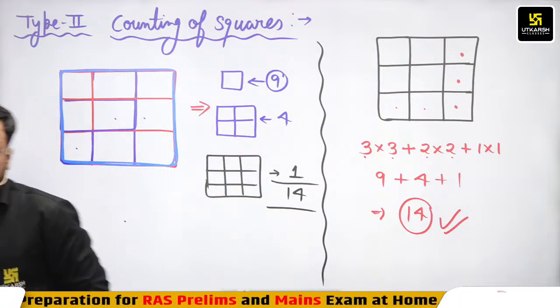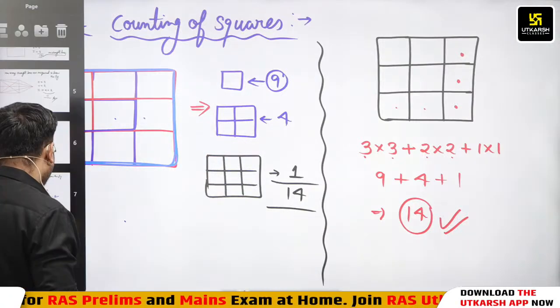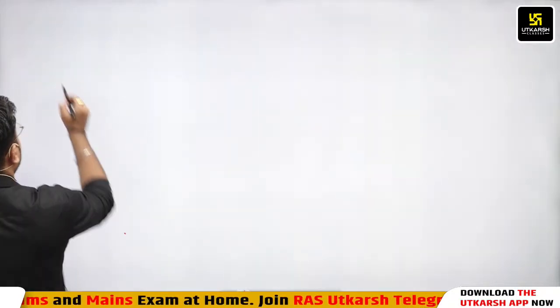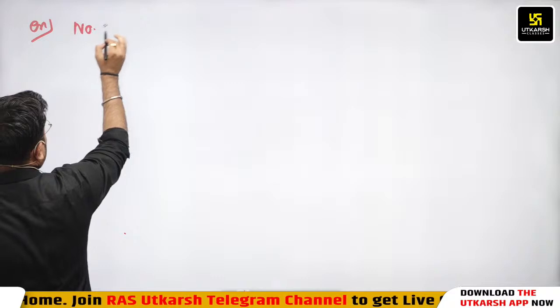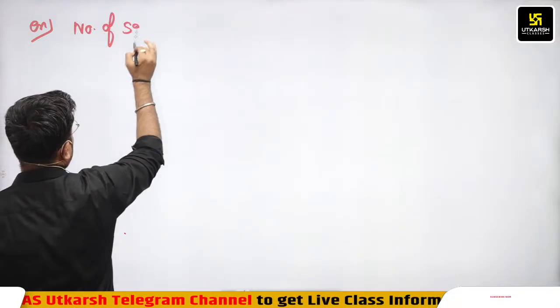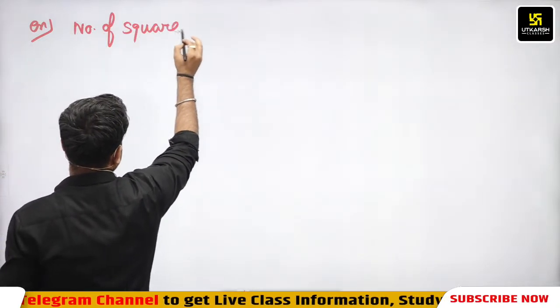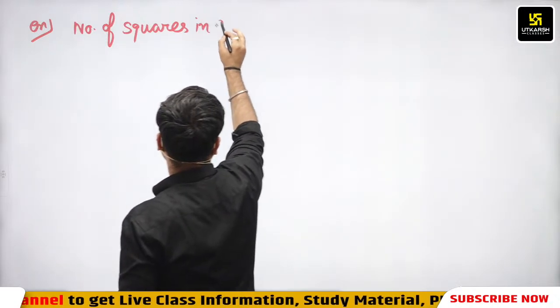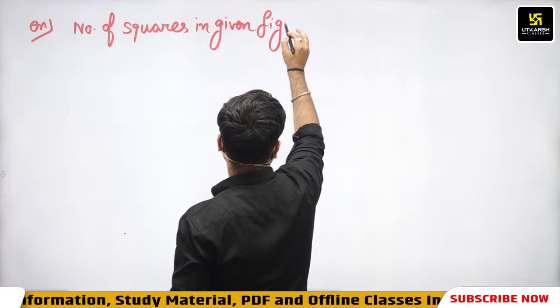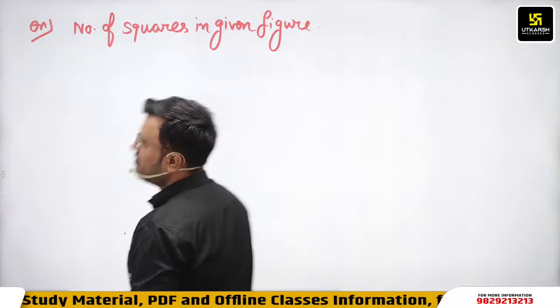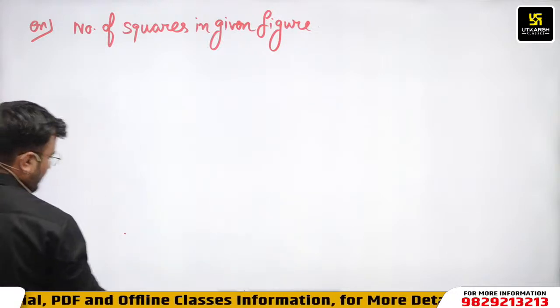Understood? Now I am giving you one more example. Try to figure out the number of squares in this given figure.